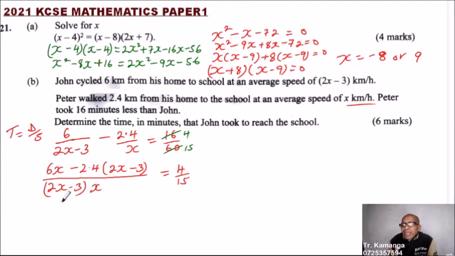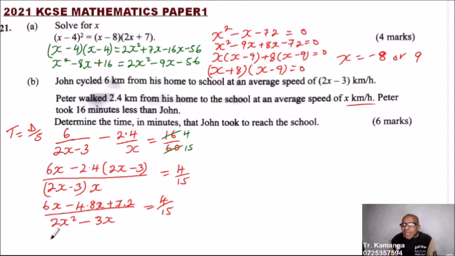We open the bracket here and say this is 6x minus, this is 2.4 multiplied by 2x, that is 4.8x minus, you multiply here, minus 3 multiplied by 2.4, that will be plus 7.2. You divide by 2x squared minus 3x is equal to 4 divided by 15.